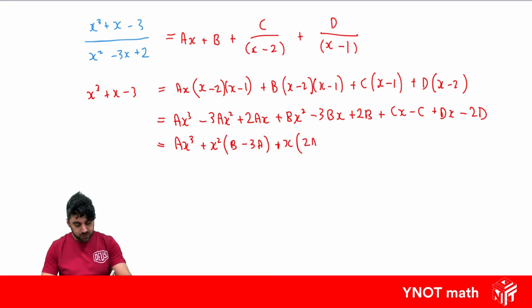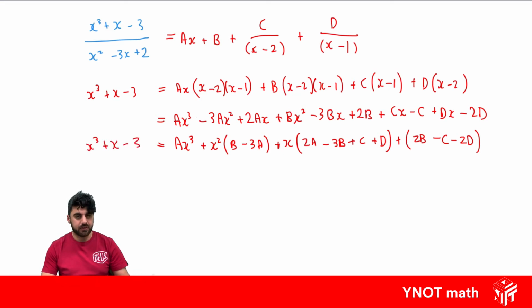So we've got 2a minus 3b plus c plus d. And our constant terms, we've got 2b minus c minus 2d. And we've still got it equal to x cubed plus x minus 3.